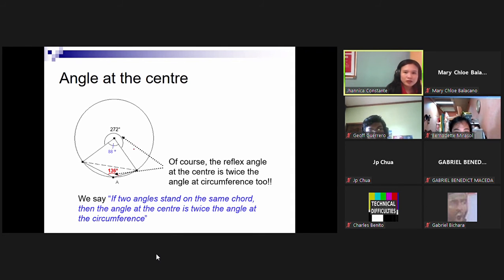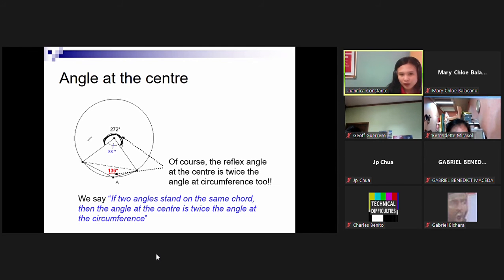Or we call the reflex angle the exterior angle. So to find the measurement of your exterior angle, it is twice the measurement of the angle at the circumference.